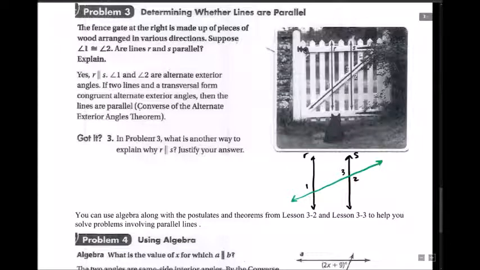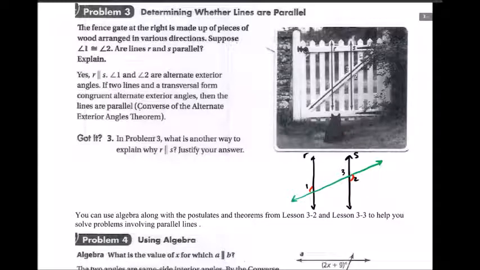That's an interesting direction to number them. And we are told that angle 1 is congruent to angle 2. And we want to know if lines R and S are parallel.